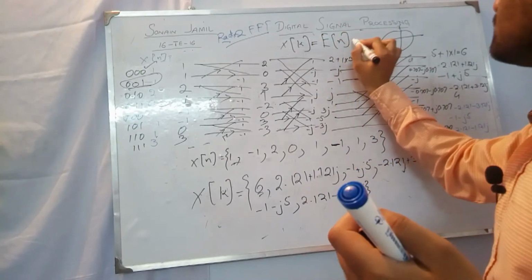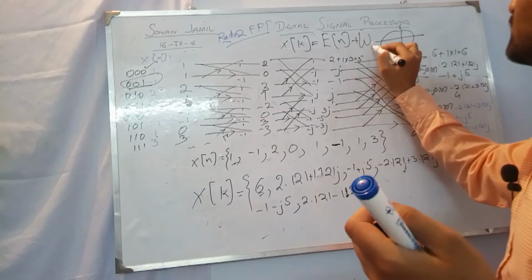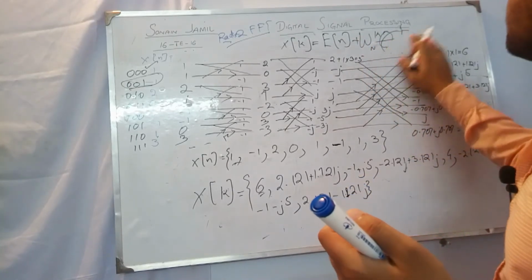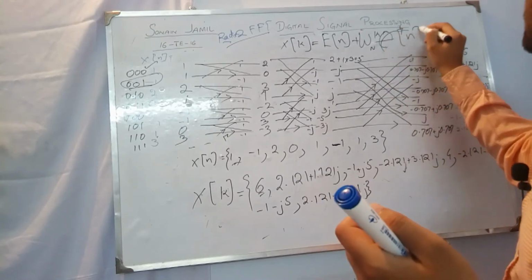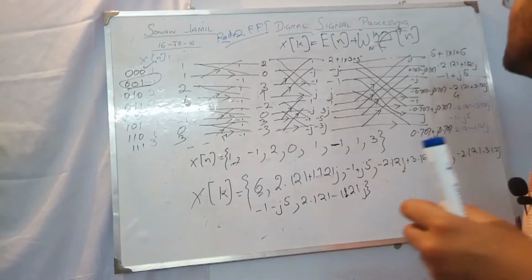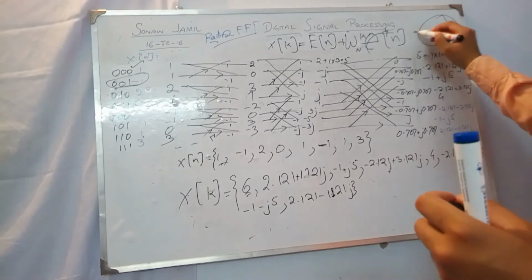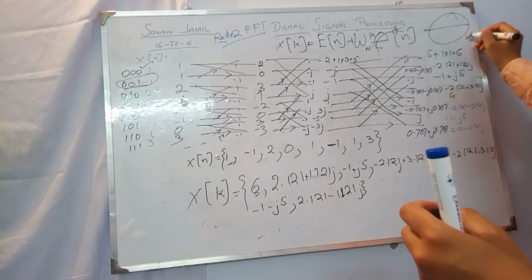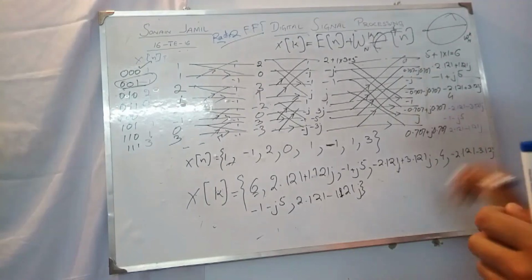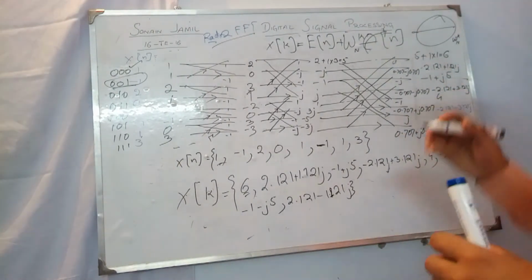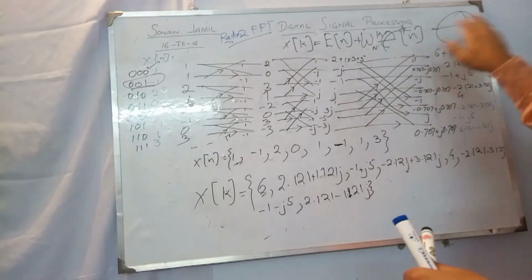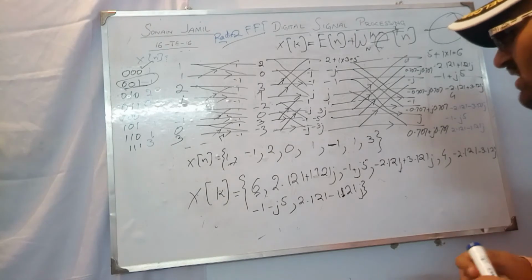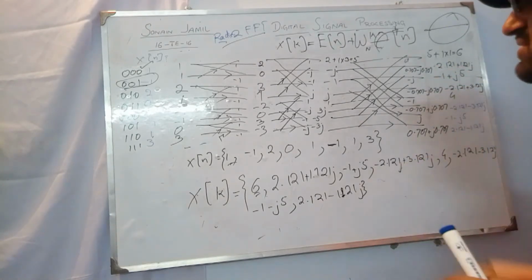E of n plus W of nk O of n. I have explained this circle in detail in the previous lectures, it is giving the W of nk, that I was writing these values.